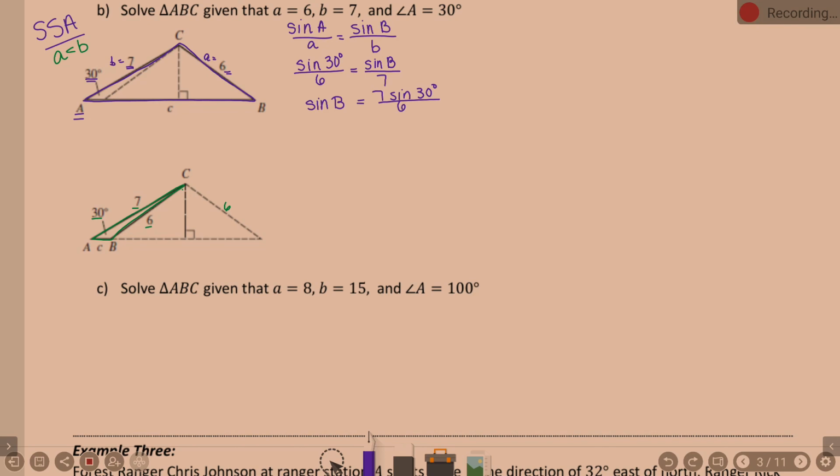How do I actually find B then? We're going to do sine inverse of that fraction, 7 sine 30 over 6, and that will give you angle B. I have 1 decimal place: 35.7 degrees.